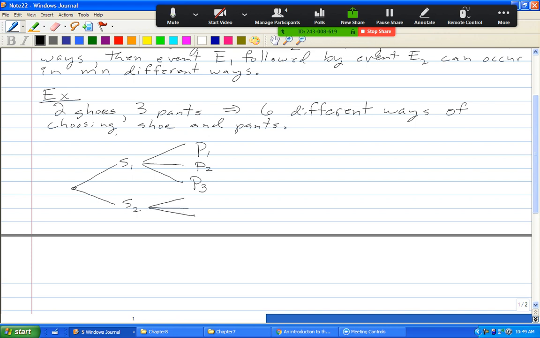Similarly, if the second shoe, I can choose this pant, or this pant. And so that says that I can pick shoe 1 and pant 1, or shoe 1, pant 2, shoe 1, pant 3, shoe 2.